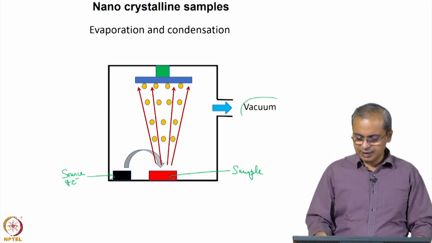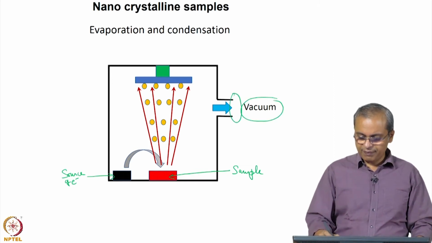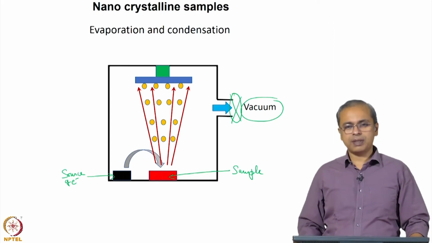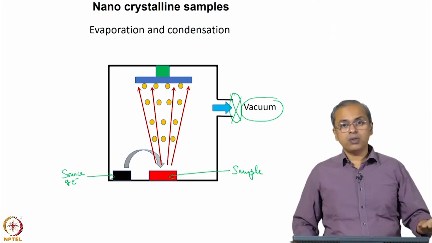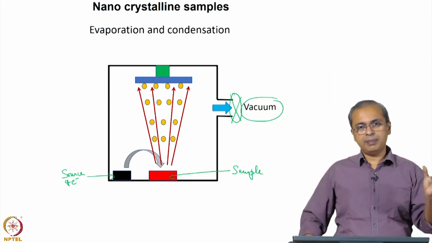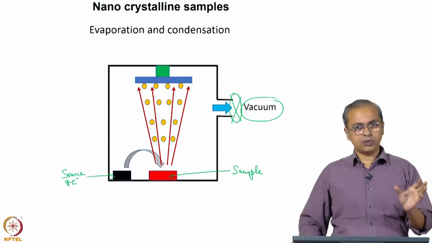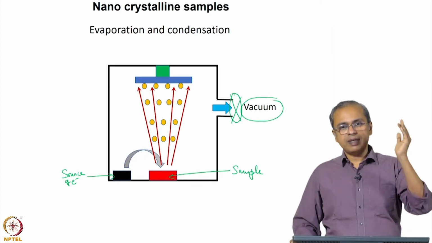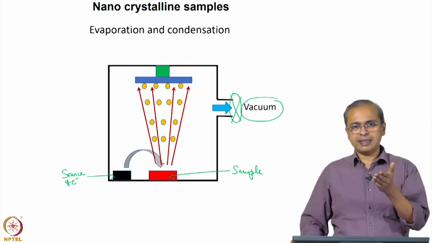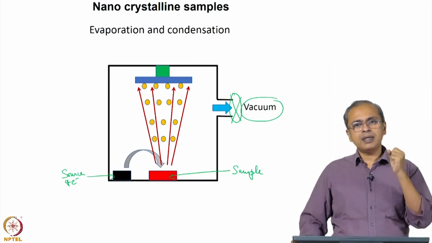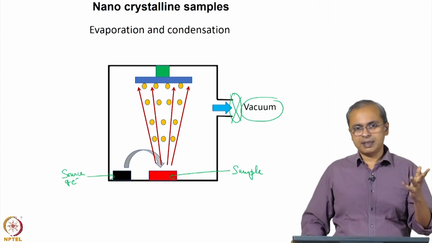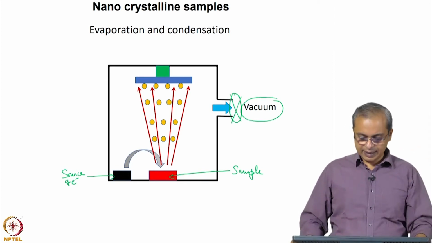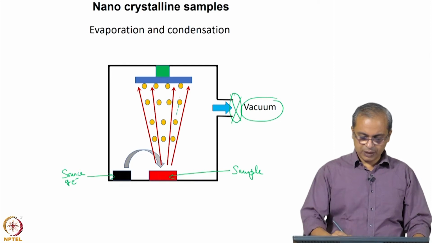Put a vacuum here, you put a valve here, and once the vacuum has been drawn, you close that valve and then you start sending current to your filament. There will be some filament which is the source of electrons. From that filament electrons are ejected, they race towards the sample and strike it, and when they strike the sample they eject some atoms from it, and those ejected atoms then begin to move up, which is what you see here.